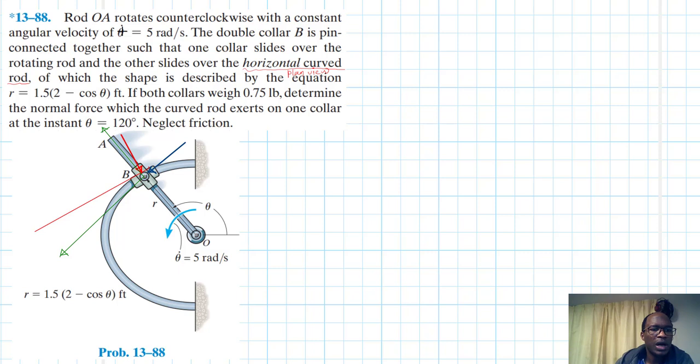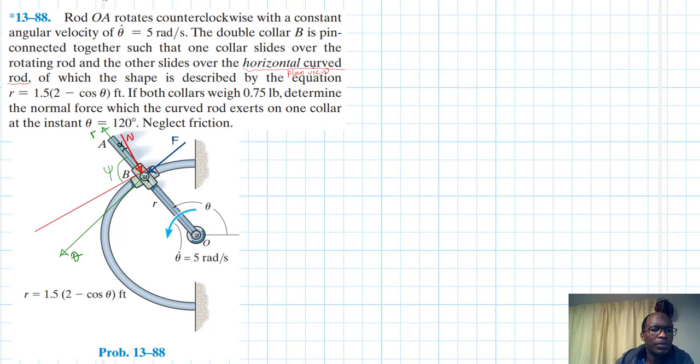Let's say this angle here is psi, and this one here is alpha. So this one is our normal force, and this is the force applied by the rotating arm OA. This is the radial coordinate r, and this is theta.